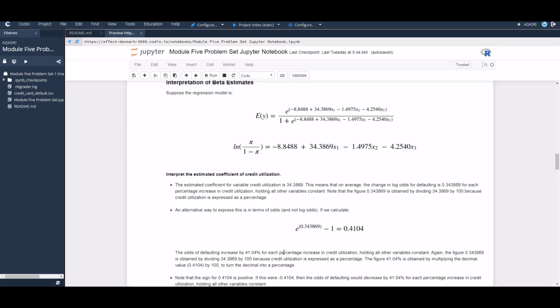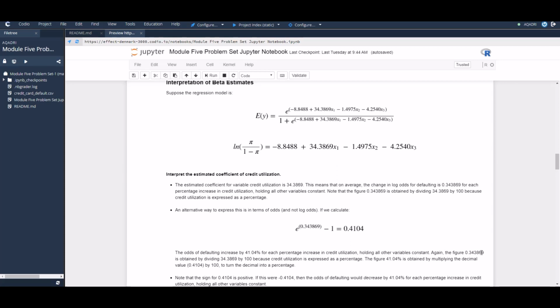This is slightly better because we're more used to dealing with odds as opposed to log of odds. So when you do this calculation, you get plus 0.4104, and so the odds of defaulting increase by 41.04% for each percentage increase in credit utilization, holding all other variables constant.